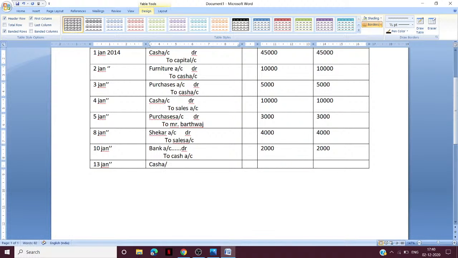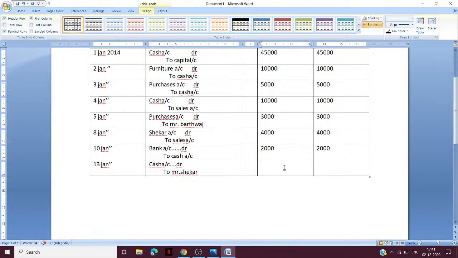So cash account debit to who is giving us, Mr. Shaker. So Mr. Shaker is giving, so we should credit him. This is a transaction. How much is the amount? 2000 on both the sides.